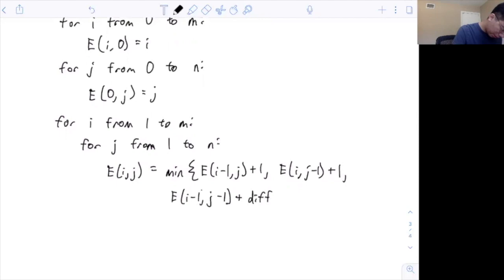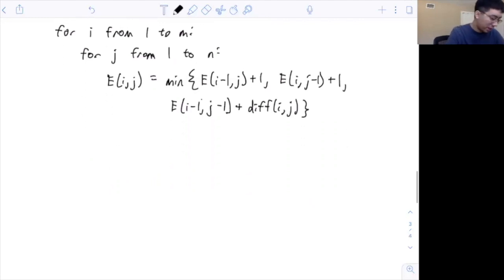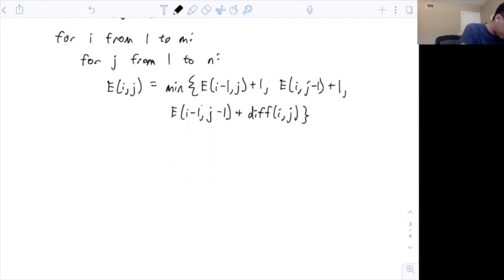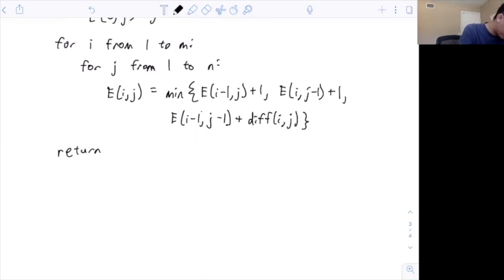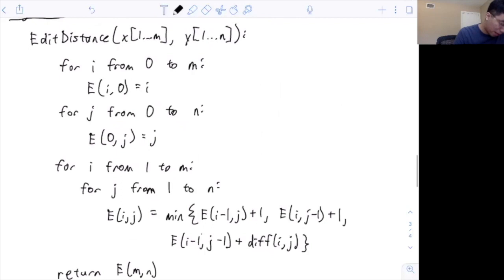diff of i, j. So if the characters at i and j are the same, then we don't need to make any edits, so diff of ij is just 0. But if they're different, we would need to make a substitution. So what we're returning in the end is e of mn, which is the edit distance between the entire two strings x and y.